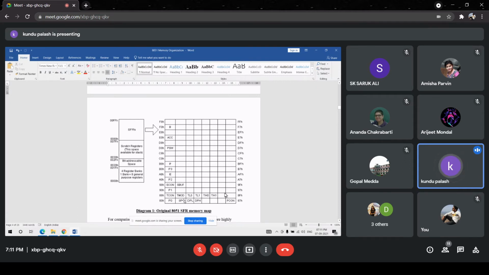Now, SP is the stack pointer, whose absolute address in the special function registers is 81. The data pointer registers DPL and DPH are at absolute addresses 82 and 83. PCON is another peripheral register whose absolute address is 87.